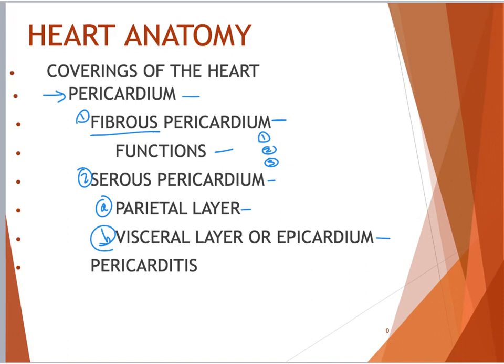The 2 continuous layers always include the parietal layer and a visceral layer. The parietal layer lines the internal surface of the fibrous pericardium, and the visceral layer has an alternate name called the epicardium. This covers the external wall of the heart and is actually considered an important part of the heart wall.